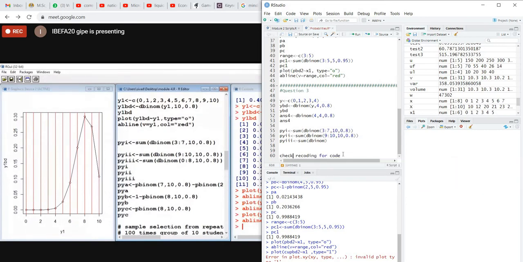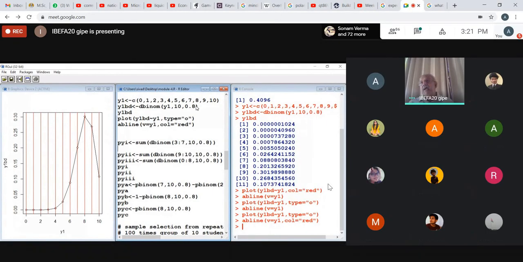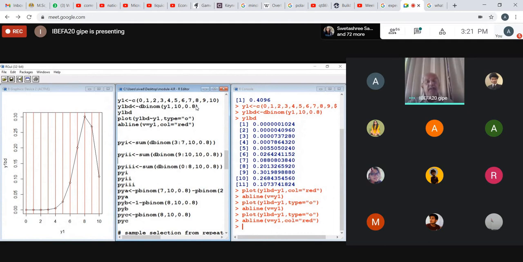Three, 4, 5, 6, 7. Compute it and add up. Next, greater than 8.